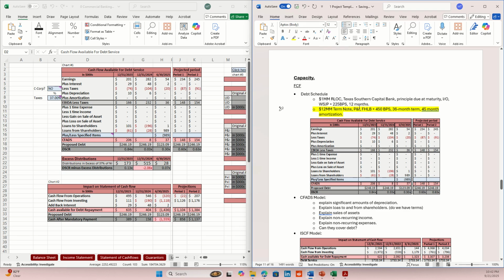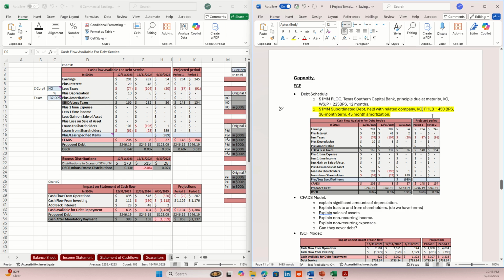Now, let's say $1 million, subordinated debt, held with related company, comma, principal and interest, nope, interest only.